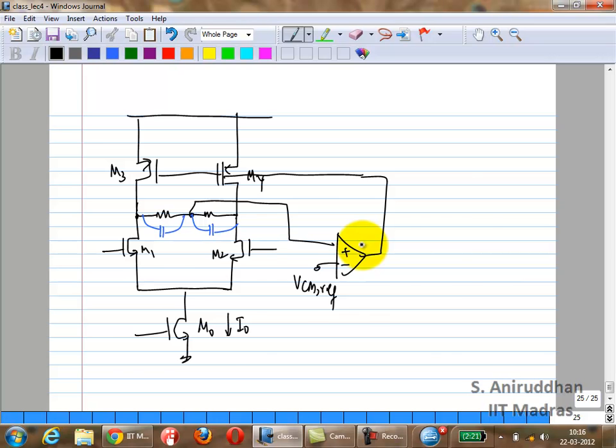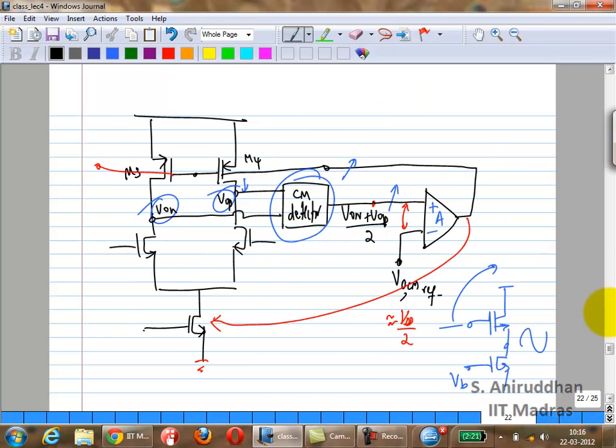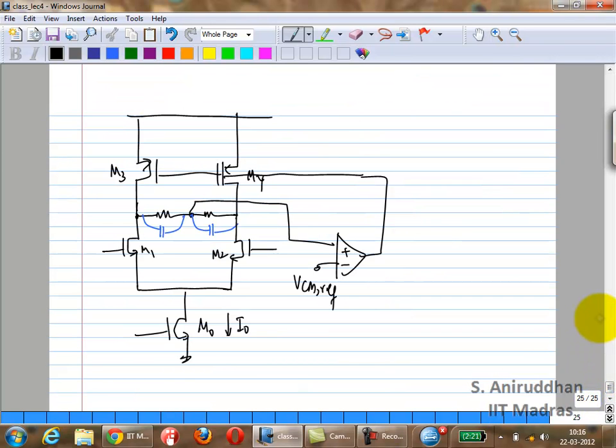This is what we started off with yesterday. We use the resistive common mode detector. Now we need to decide: for the common mode detector we put in a pair of resistors. What do you do for this amplifier?